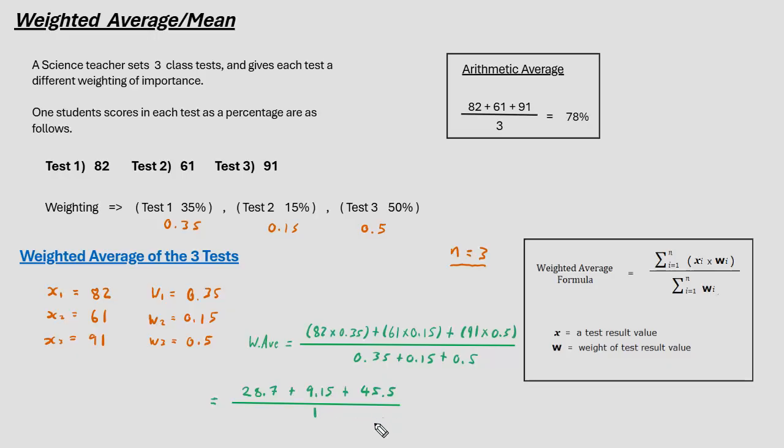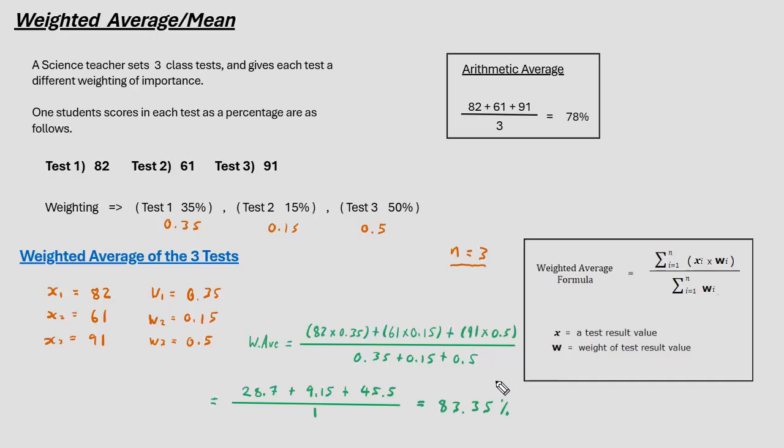This isn't always the case with weighted average examples, it just happens to be the case with this one. So this example effectively now amounts to summing the top line together to give us our weighted average, and what we get is 83.35%.